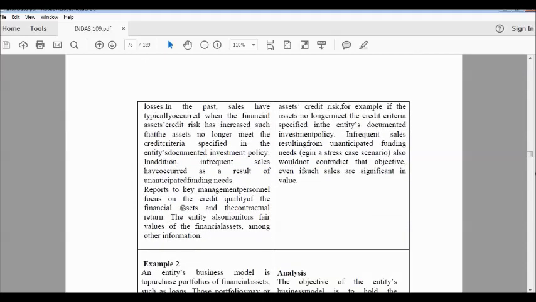In addition, infrequent sales have occurred as a result of anticipated fund needs. Reports to key management personnel focus on the credit quality of the financial asset and the contractual return. The entity also monitors fair value of the financial asset among other information.